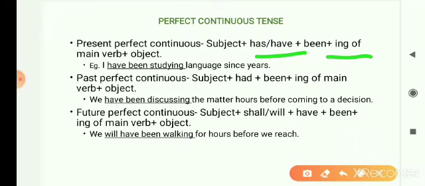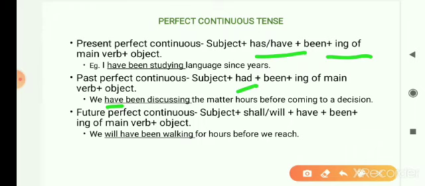Now let's go to the next. Past perfect continuous. Subject had plus been plus ing of main verb plus object. So for my subject, I should use had plus been plus ing of main verb. So we have been discussing. Okay, now there is a mistake here. I have used have, but here there is a had.